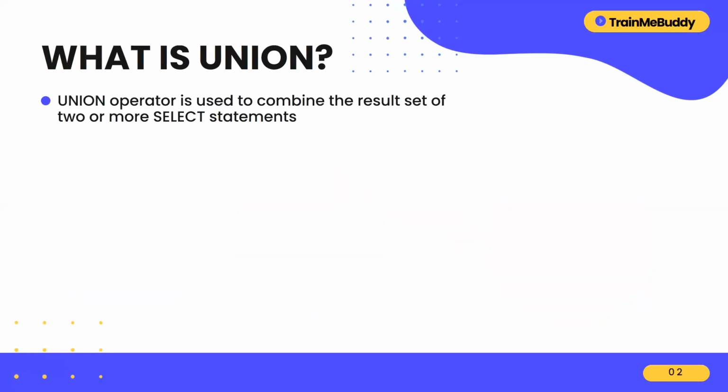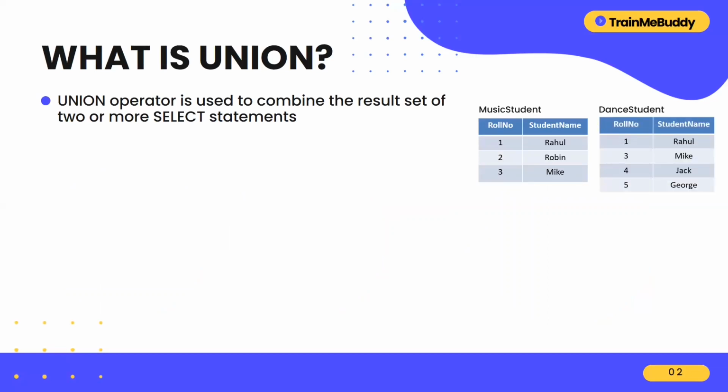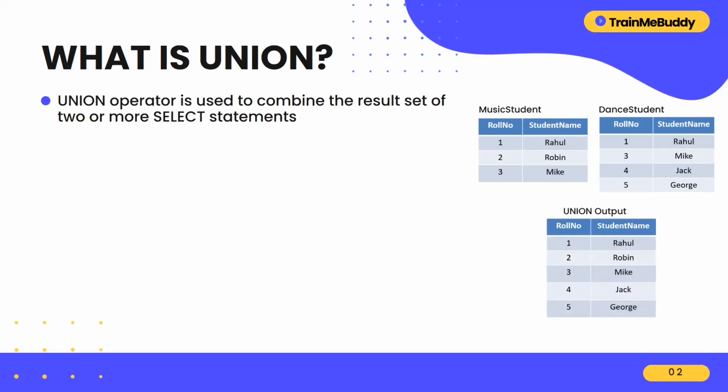Let's understand this using two tables. Let's say we have students enrolled for music and dance, and we have two separate tables for those two activities. When we perform the union between the music students and dance students, we get the output by combining the student list from both the tables. However, it eliminates the duplicates.